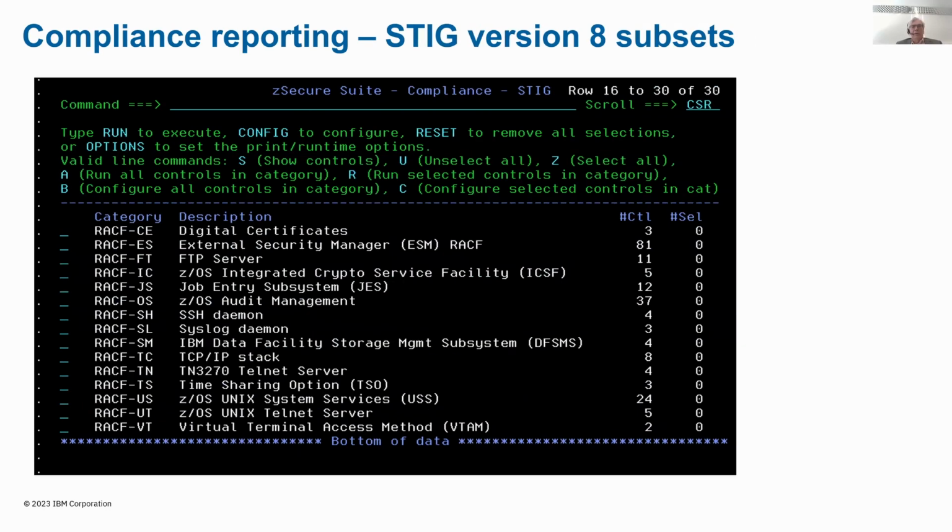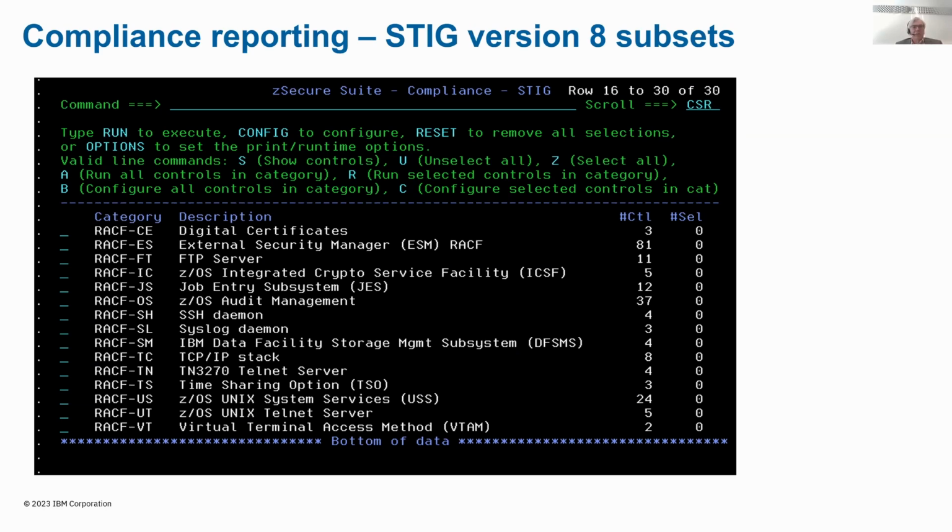Next, an example of the S option, the subset. So this is the new subset for version 8. So you see that they have totally renamed those categories. They start with the external security monitor dash and then a 2-character abbreviation for the area.